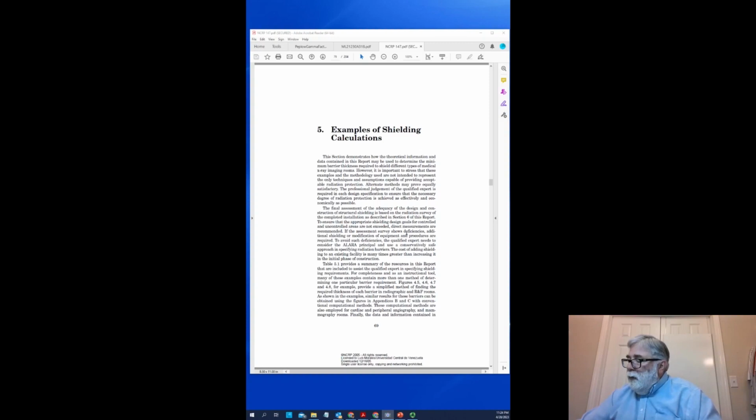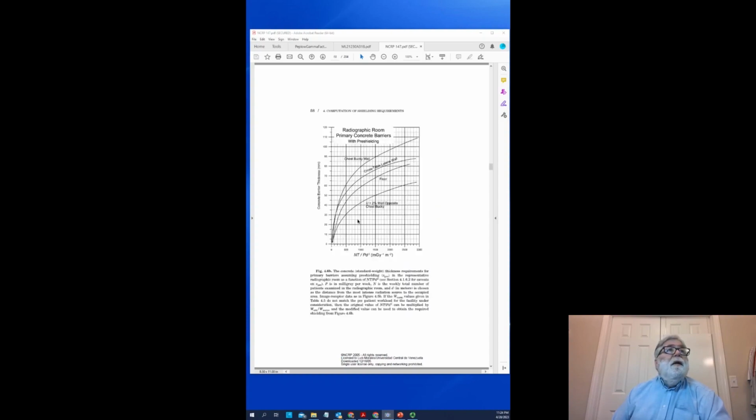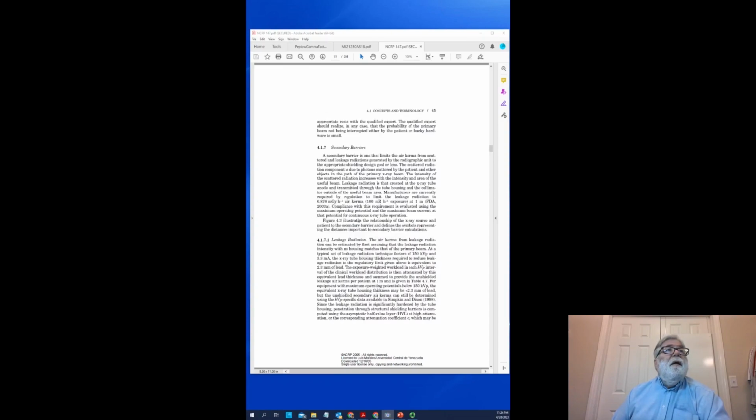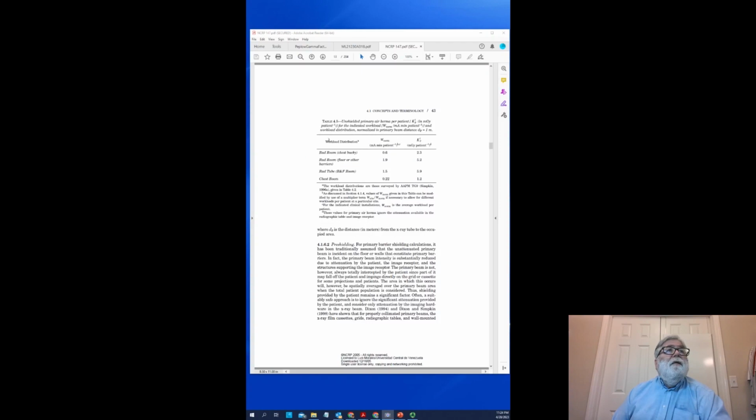So we know all these values now, except for the K1. So I mentioned before, we get the K1 from a table. This is the K1P, primary beam K1 for a chest room, and right here, 1.2.